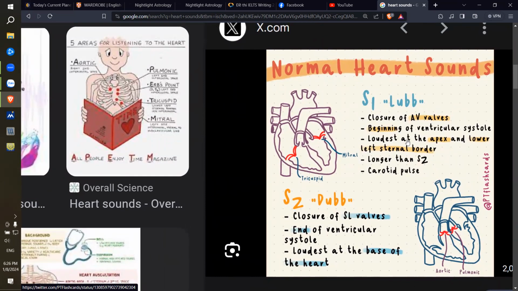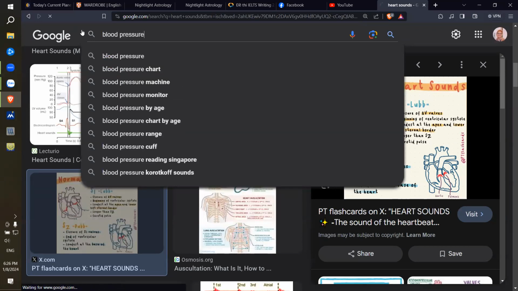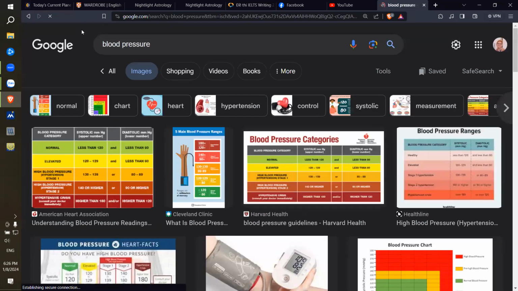Next, I'm going to talk about blood pressure. Blood pressure is the force of blood against the walls of blood vessels.